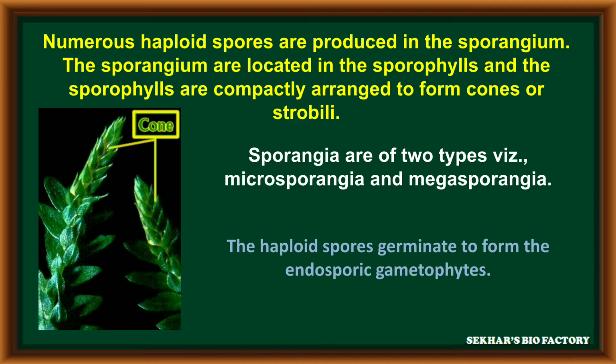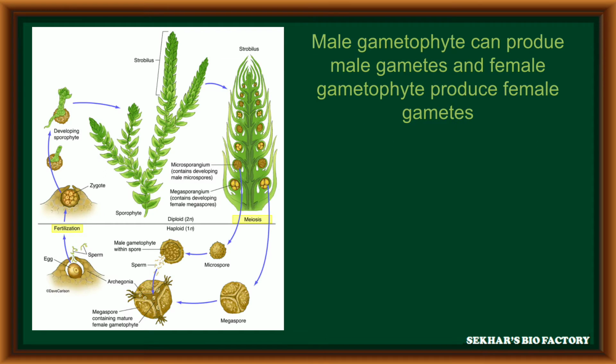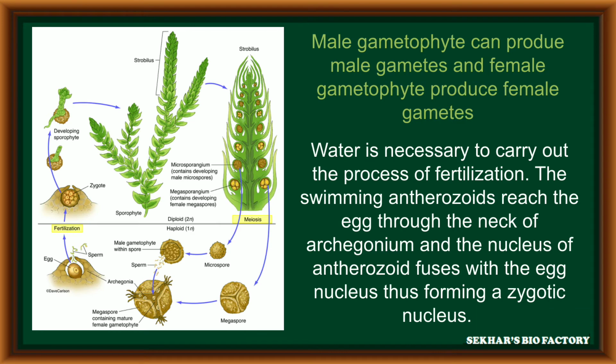Inside these sporangia, the haploid spores are produced by meiosis. These haploid spores germinate to form an endosporic gametophyte. The male gametophyte produces male gametes and the female gametophyte produces female gametes. Water is necessary to carry out the process of fertilization. The flagellated antherozoids swim in the water to reach the egg cell through the neck of the archegonium.